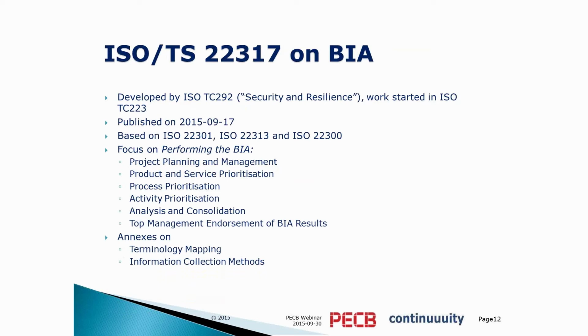So we have to go through this whole pyramid of activities. Activities build processes, and processes build products and services, to obtain an answer to the big question: what are our high priority products and services?